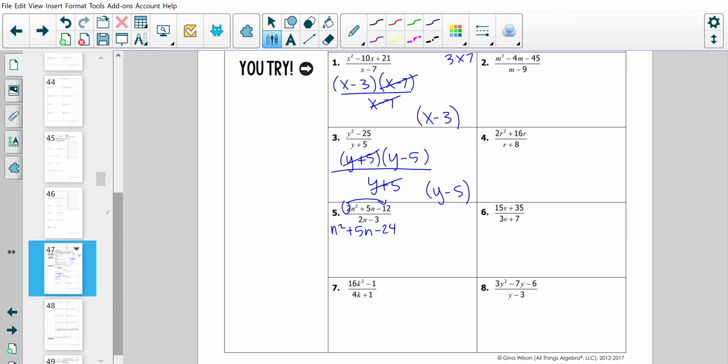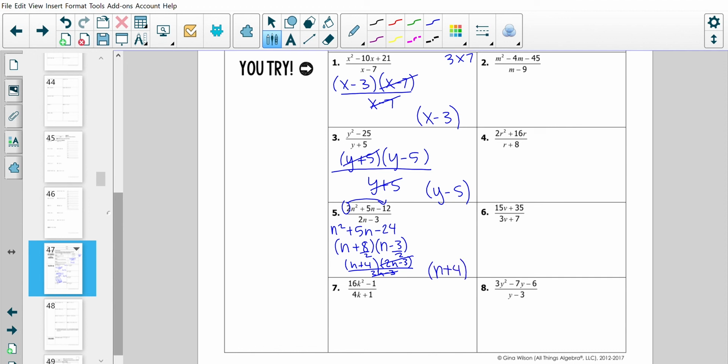So 3 times 8: plus 8, minus 3, but we have to divide by 2. This is getting really ugly with not very much room. n plus 4 over 2n minus 3, and you had your 2n minus 3 on the bottom. Those cancel out, so your answer would be n plus 4.